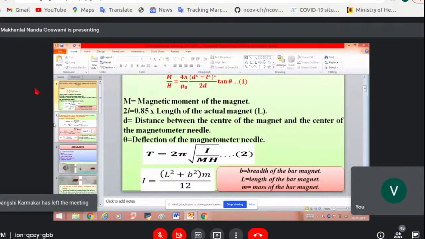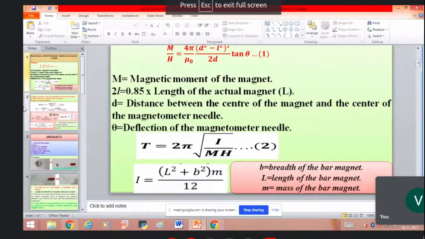And after twisting the string, we can use a clock or watch, even a mobile phone can do this, to time 20 or 30 cycles, and we will get the time period, and the relation is well known.